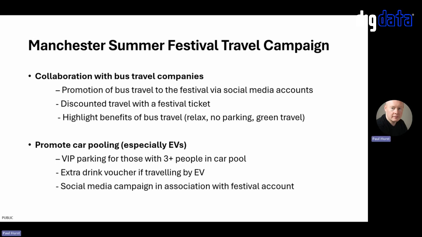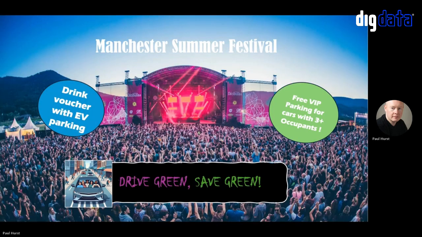I've also spent a small amount of time mocking up a social media graphic. I'm not very creative. I'm sure you can do better. This promotes the use of EV travel with multiple passengers with the reward of a drink voucher and VIP parking.